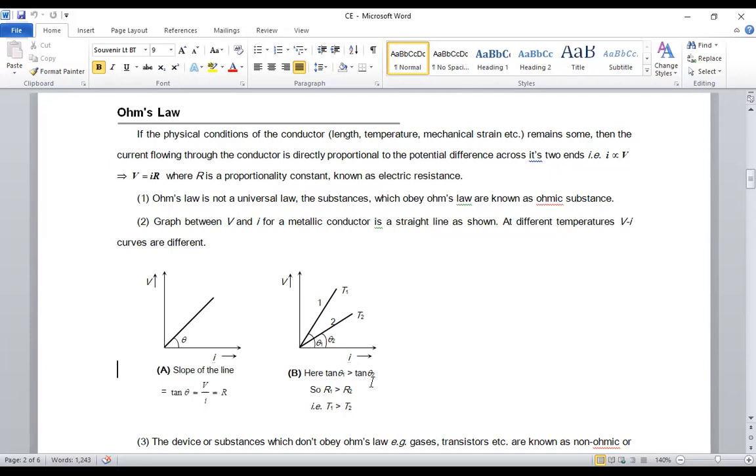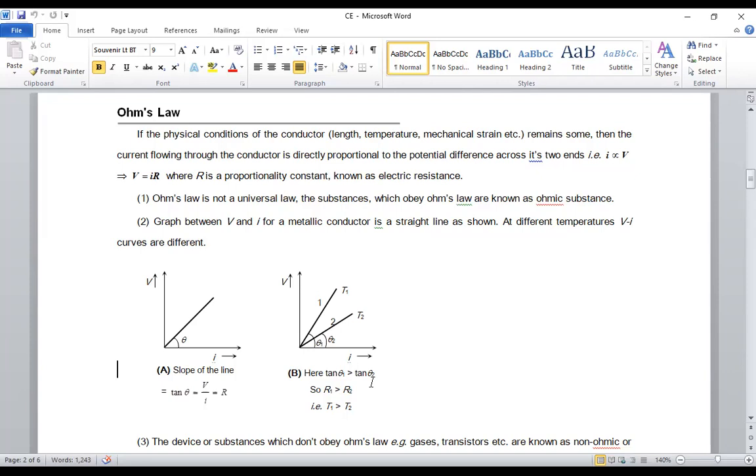In that case, you cannot say Ohm's law is universal. The example for ohmic devices is all the metals. Non-ohmic devices are diodes and transistors. Okay, all these are non-ohmic devices.